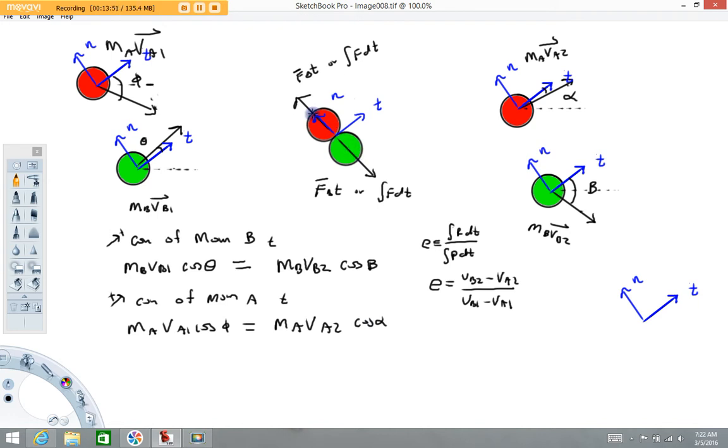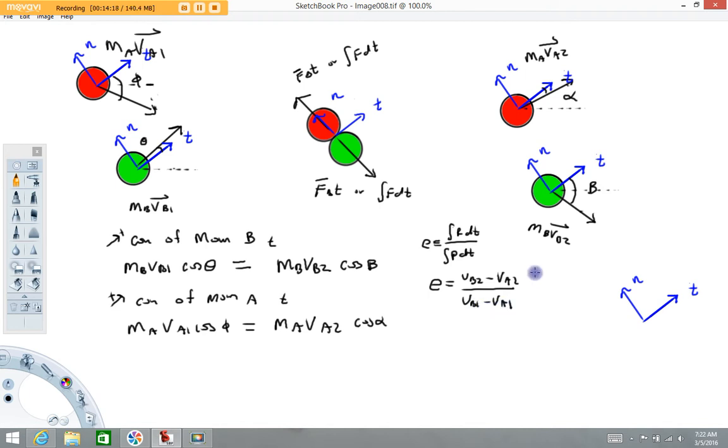Now, we don't want to define them individually for the normal direction because we don't really know about this impulse or this impulse. But what we can do is apply the coefficient of restitution, which comes from momentum conservation along the normal direction. The coefficient of restitution is equal to vB2 minus vA2 over vB1 minus vA1.